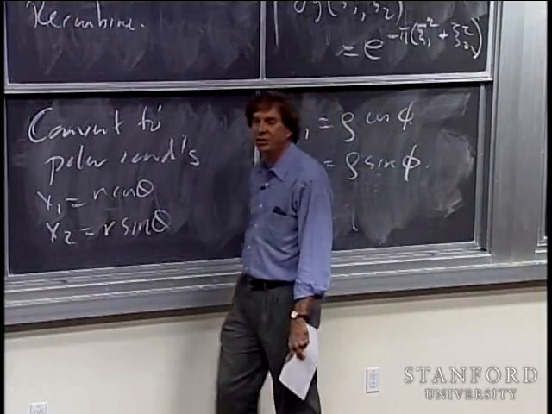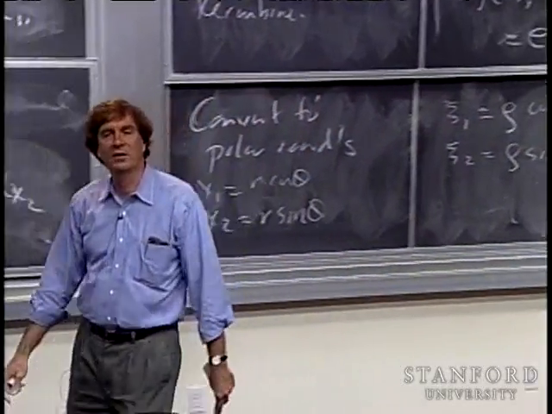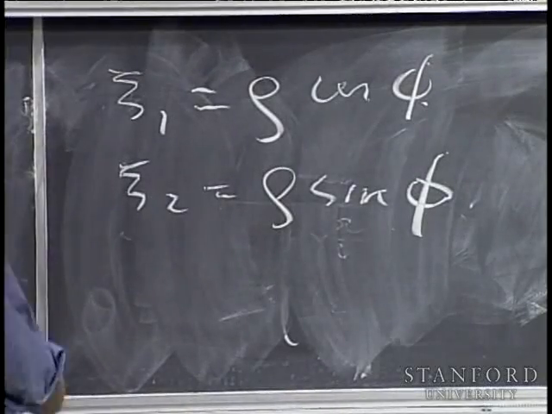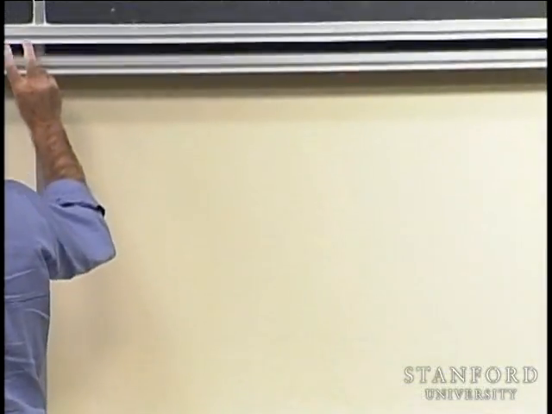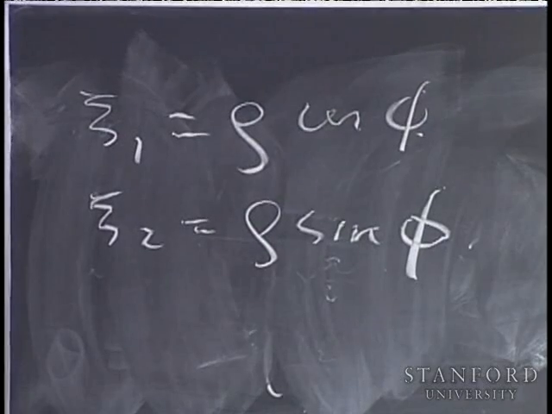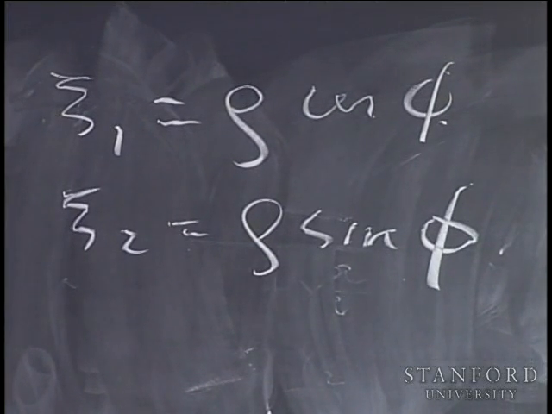Same interpretation of polar coordinates, but instead of calling it r and theta, I'll call it rho and phi. And as we will see, if f is a radial function, meaning that it's a function of r, the Fourier transform of f will be a function of rho. That's what we're going to see.